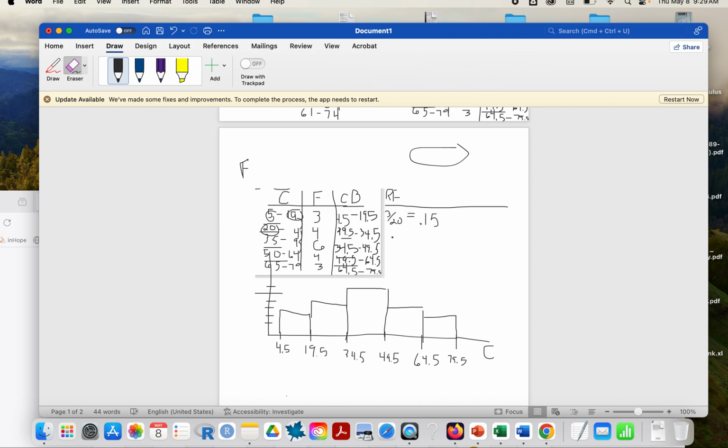And then the next one is going to be 4 out of 20, which will be 0.20, forgive me. The 6 out of 20 is going to be, I have a hunch 0.3, but I just want to make sure.